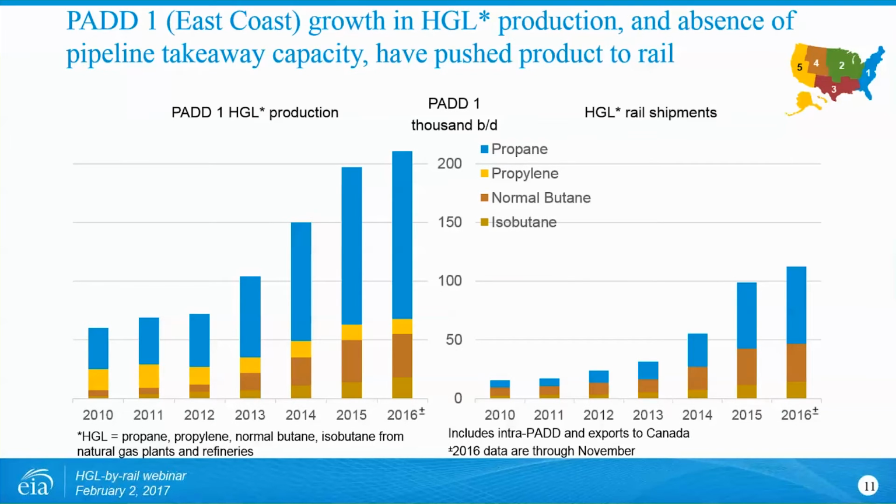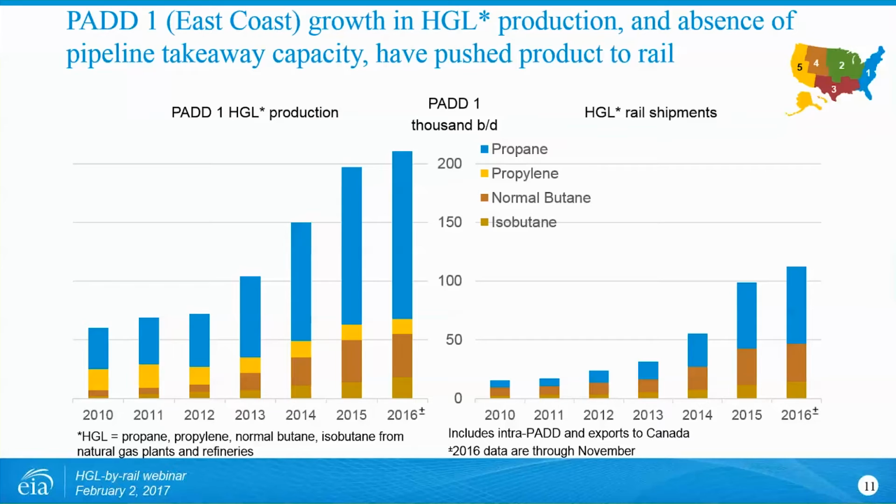Now, just taking a dive into PAD 1 again, just for those of you who are trying to square where rail is relative to our other data, PAD 1 actually serves as an excellent example of what has been happening in the market. So the Appalachian region, because it's PAD 1, we're talking about the western counties in Pennsylvania and West Virginia.